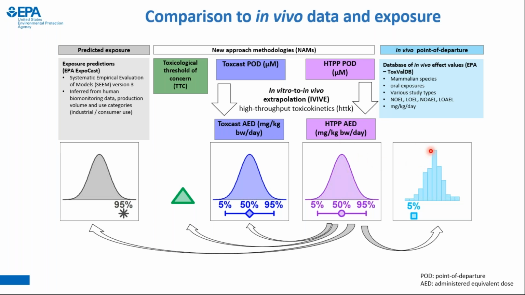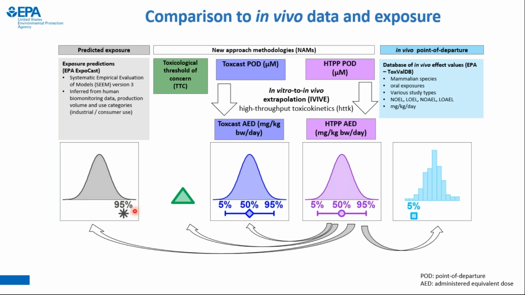Here we chose in vivo effect values that were in the database called ToxValDB. And we summarized all the values for a single chemical by just choosing the 5th percentile of all the effect values to try to pick a conservative estimate.